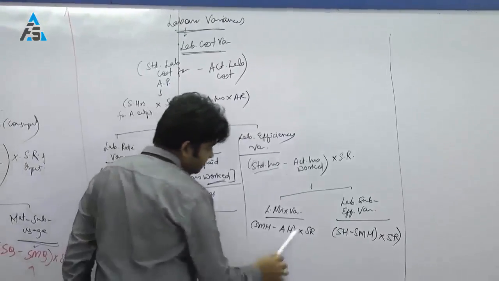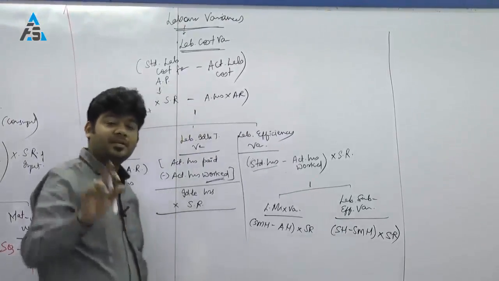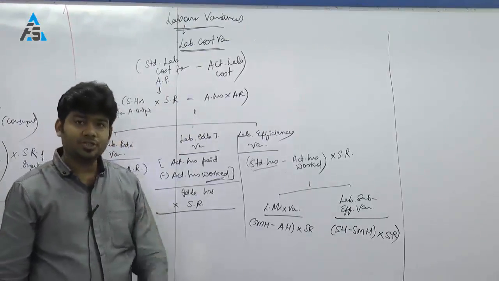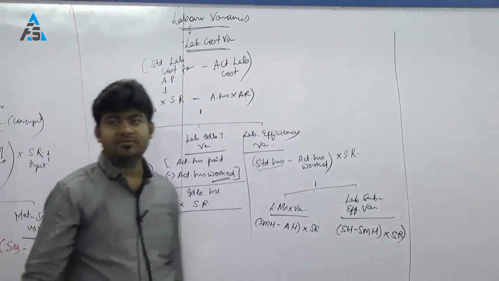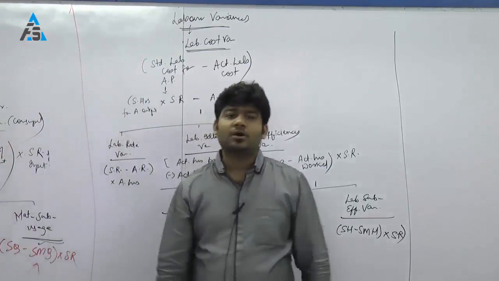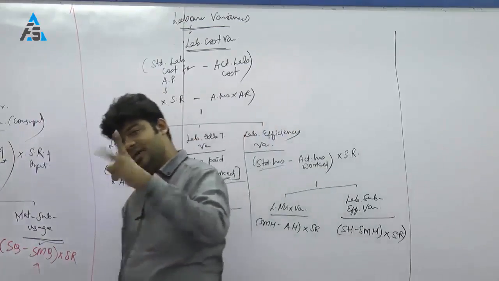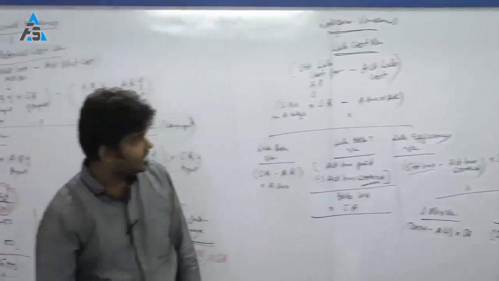Now here, as I said, we use the same concept. Suppose there are idle hours, then in what ratio? If nothing is given, then it is in the standard ratio. Suppose there is skilled labor and unskilled labor, and in total they have given that there are 500 hours of idle time. How do you divide that 500 hours between skilled and unskilled labor?